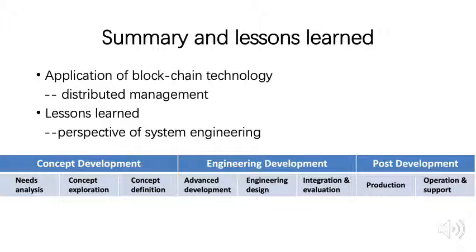So why I think blockchain technology is suitable after analyzing: because I thought all the problems can be solved if we use distributed management. So we have got a result that the distributed management is better, and we have analyzed it from the concept development, engineering development, and post development.